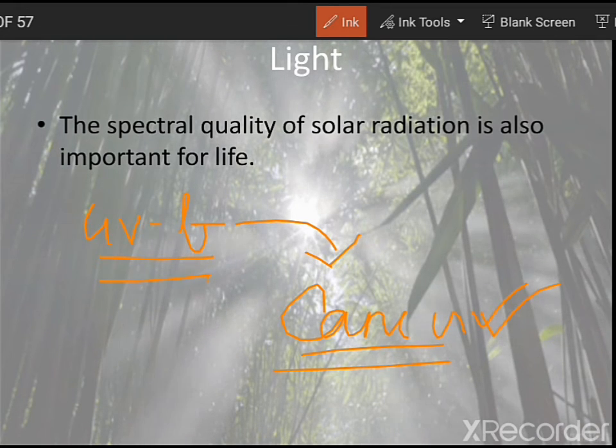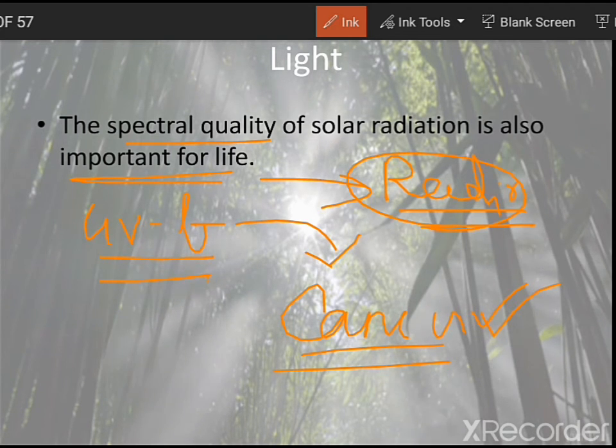The spectral quality of the solar radiation is also extremely important, like the radio waves. If radio waves come to earth in excess, they can cause a large number of defects in humans and other animals. So the spectral quality of light is also extremely important for life.